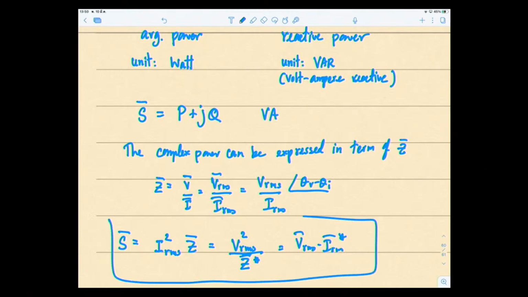So these are all of the complex power formulas.